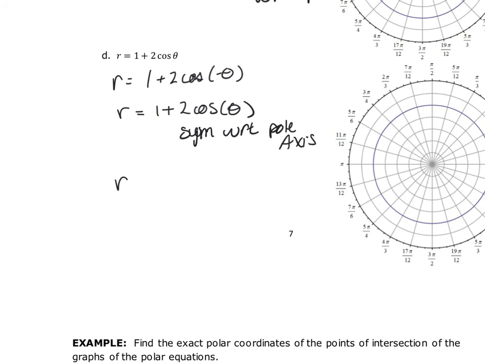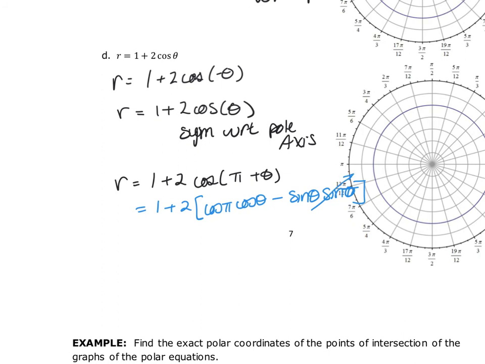Now we're going to do r is equal to 1 plus 2, the cosine of pi plus theta. So we're checking for symmetry with respect to the pole. So this is going to be equal to 1 plus 2, and then I have the cosine of pi, the cosine of theta, minus the sine of pi and the sine of theta.